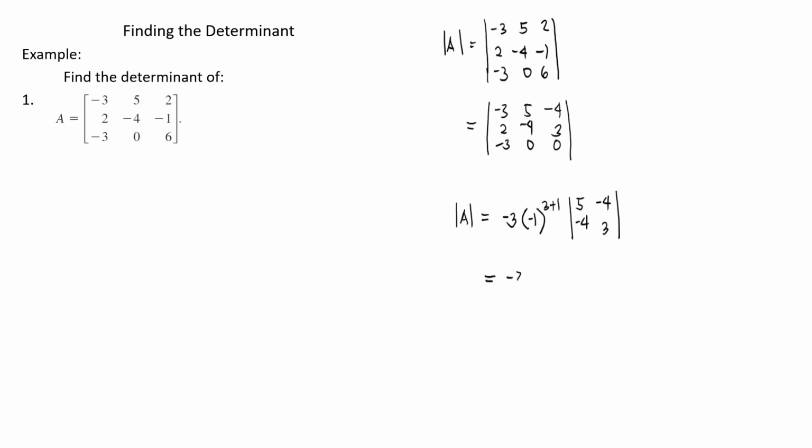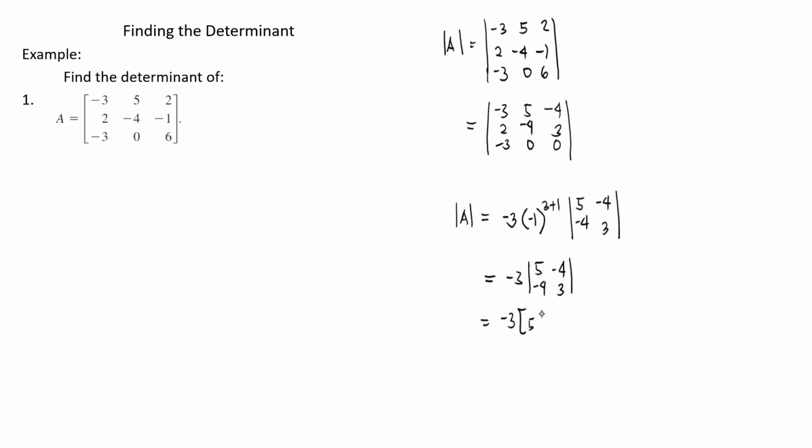And then we simplify. This becomes 4, so that's even. So this becomes positive here. So we have 5, negative 4, negative 4, 3. And recall how we get the determinant of a 2 by 2 matrix. So we just multiply the diagonals and then get the difference.